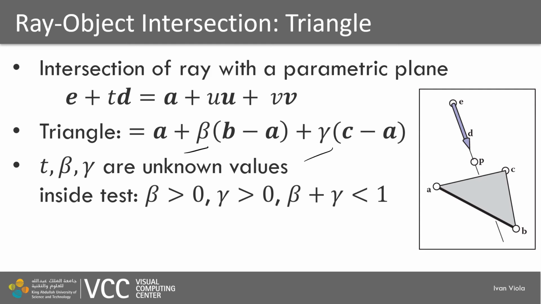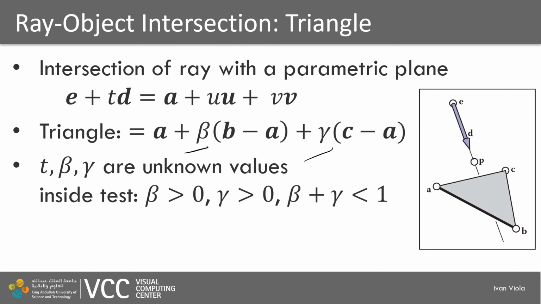When we have our triangle defined by the vertices A, B, C, we can then parametrize the triangle positions, points, by offsets from the point A along two vectors, the AB vector and the AC vector, and their linear combinations through beta and gamma.